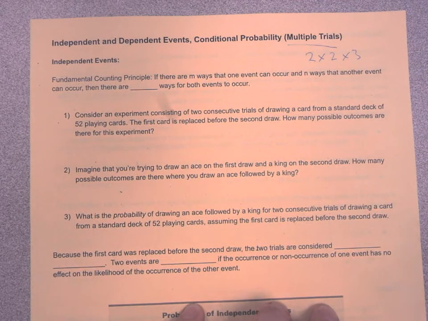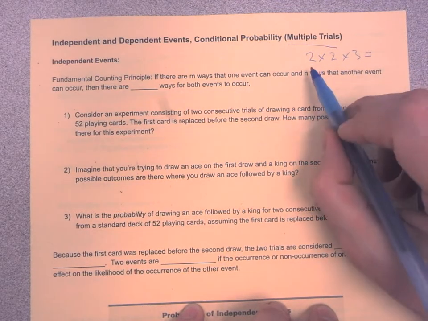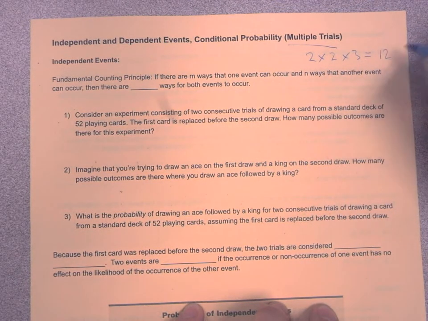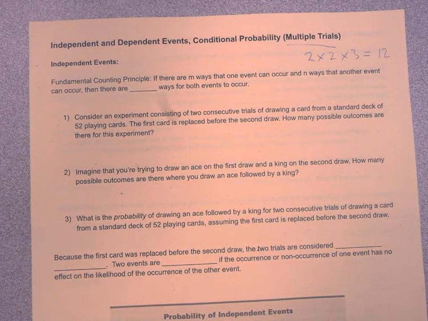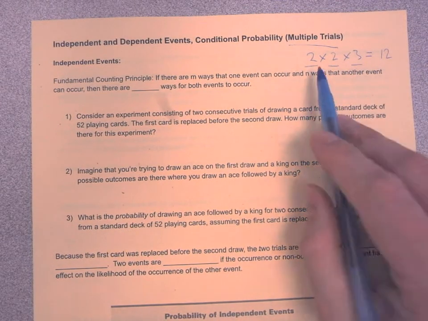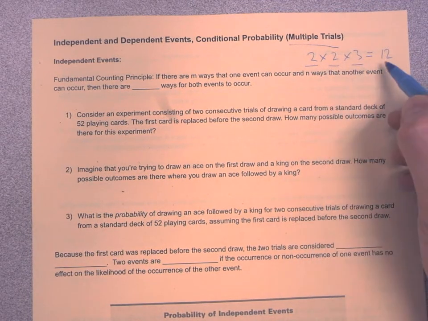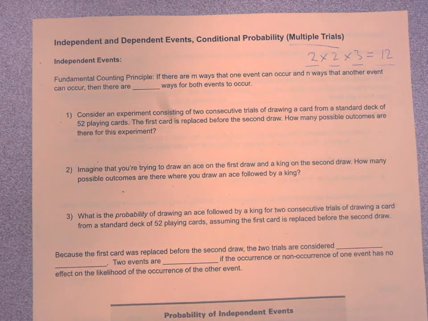We decided that if each choice was an event, then the number of possible outcomes for these three choices is 2 times 2 times 3, or 12 different options. There are 12 different combinations or meals that you could put together with a drink, a side, and an entree. That's called the fundamental counting principle. If you have different numbers of ways that events can happen, you multiply them together to get the number of ways that all of those events can happen.